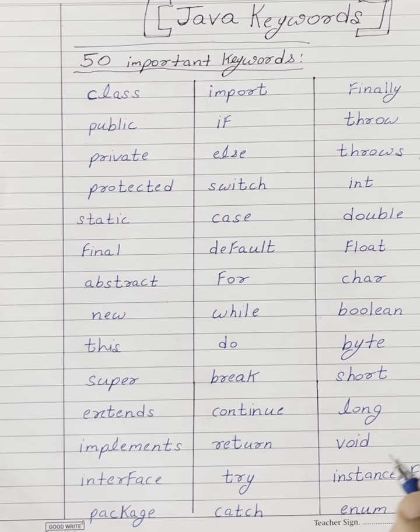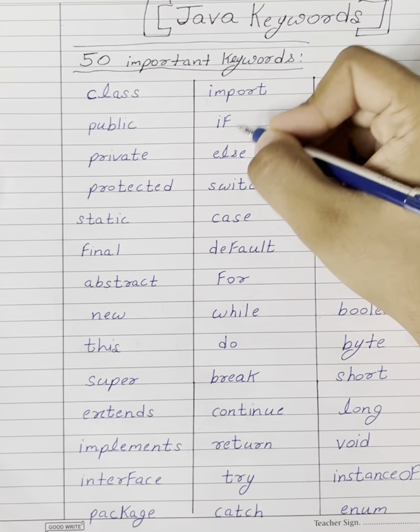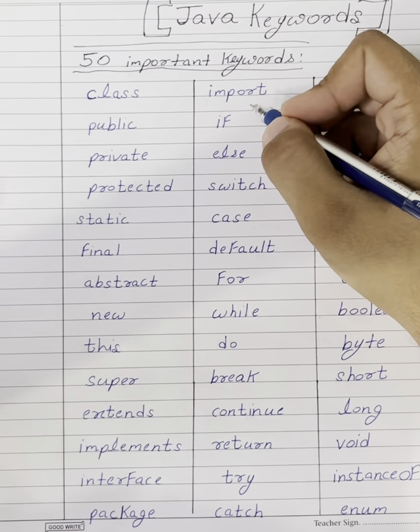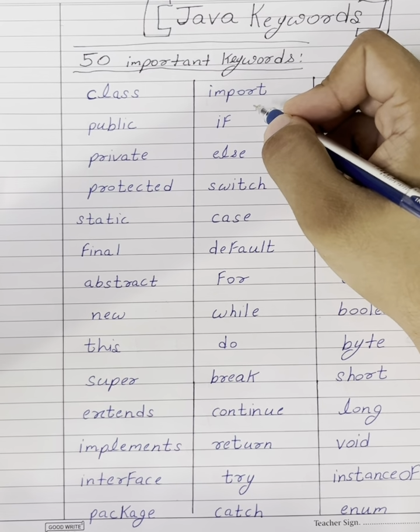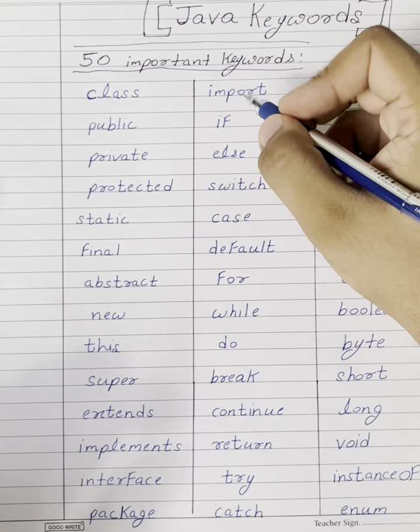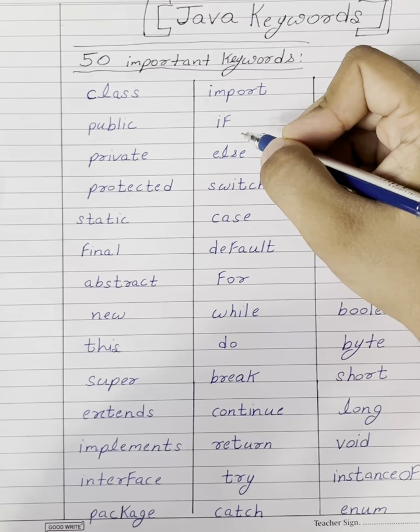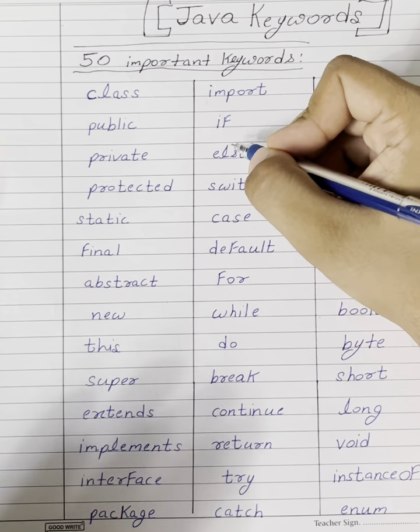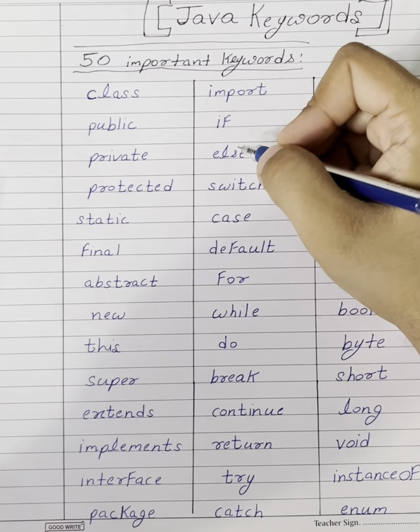So next is if keyword. This if keyword, guys, is used to make decisions in a Java program based on specified conditions, and before executing a block of code, Java evaluates the condition inside this if statement.